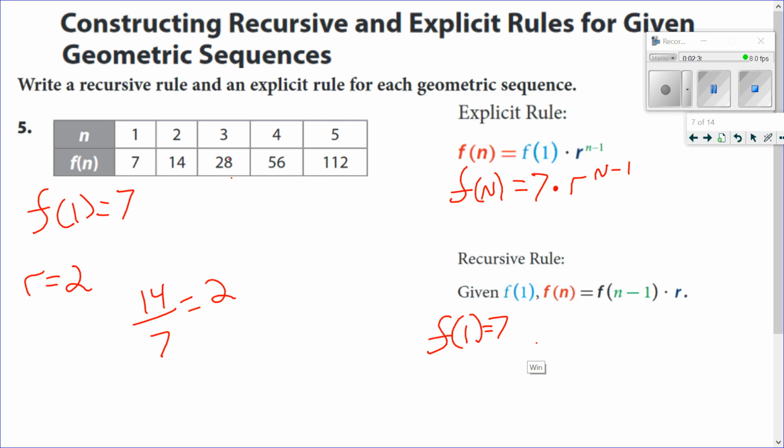So f of n is equal to f of n minus 1 times r. But r we know. So f of n minus 1 times r, which is 2. And that is the recursive rule.